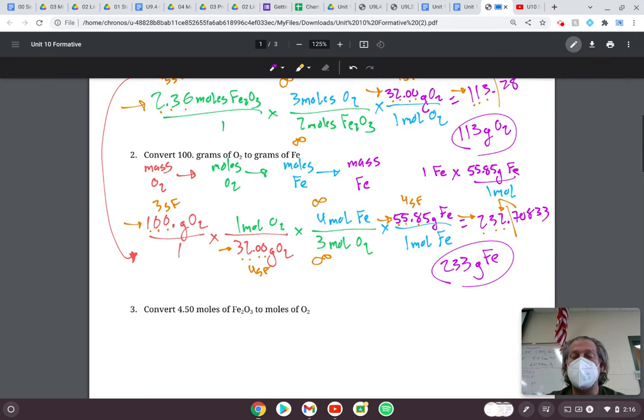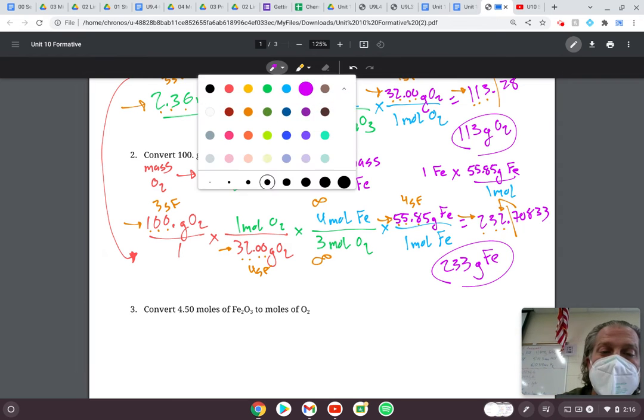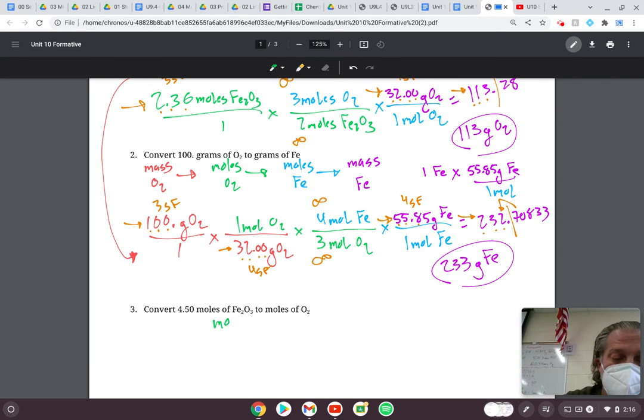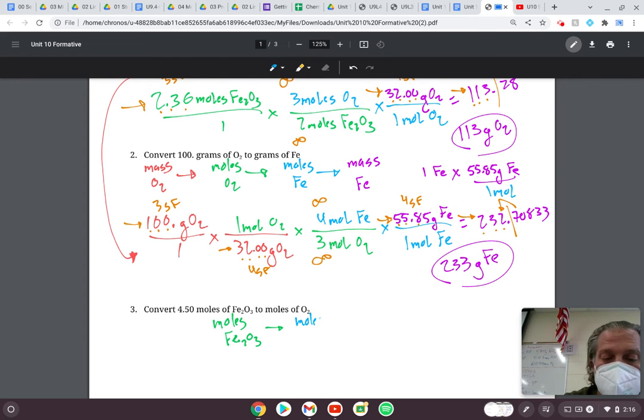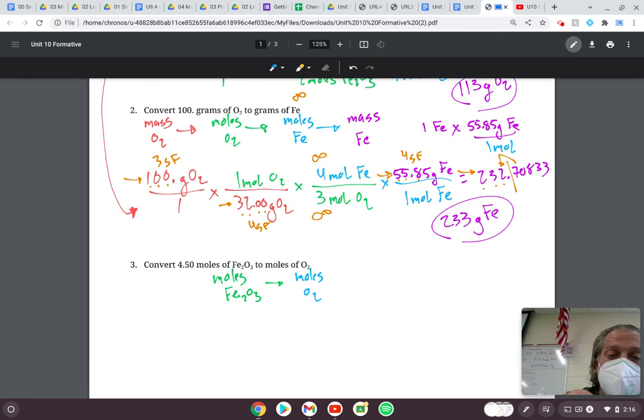And then lastly, we are asked to convert moles of Fe2O3 to moles of oxygen. So we are starting with moles of Fe2O3, and we're going to go to moles of O2. So I'm going to take my given, which in this case is 4.50 moles of Fe2O3, put it over 1.